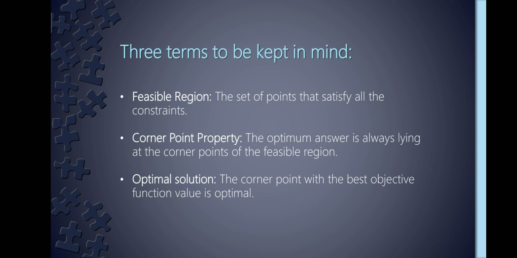Then the optimum solution: the corner point with the best objective function value is optimum. Keep this in mind; you will understand it when we do practical problems and draw the graph for the LPP.